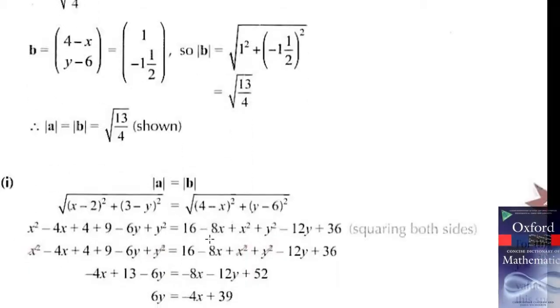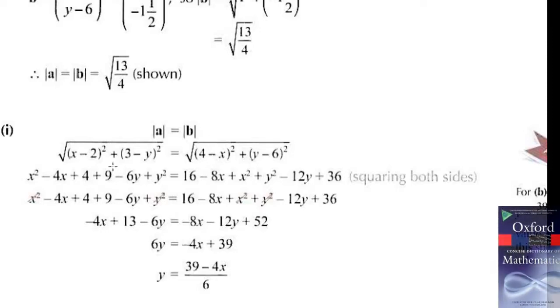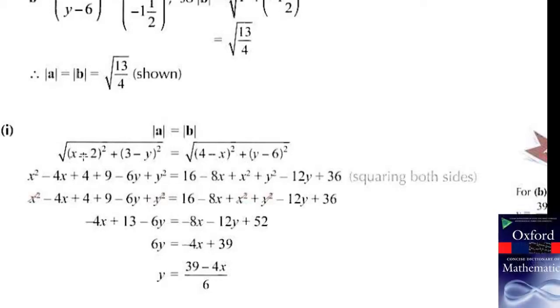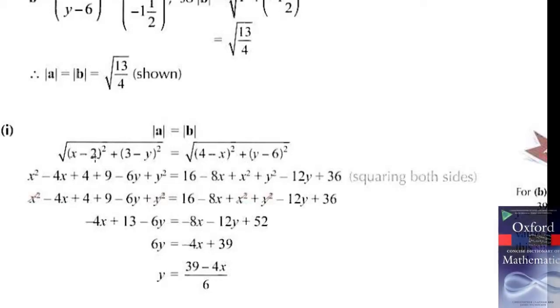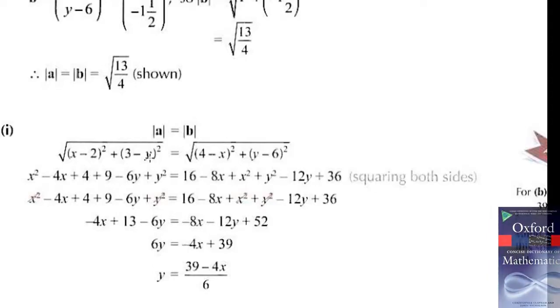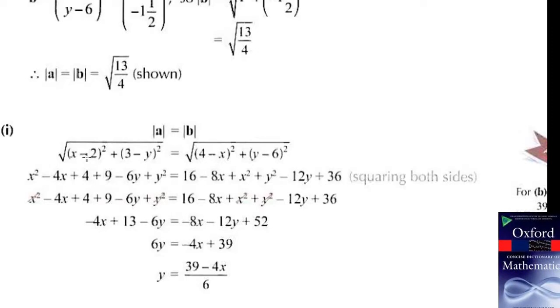Next, the magnitude of A equals the magnitude of B. Here we find y in terms of x. Very easy: squaring on both sides, the square root is cancelled on both sides. Then (x minus 2) squared: (a minus b) whole squared is a squared plus b squared minus 2ab, where a is x and b is minus 2.